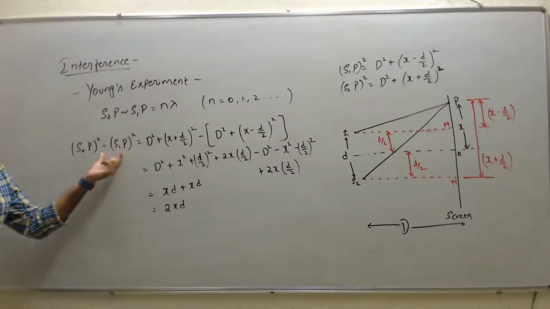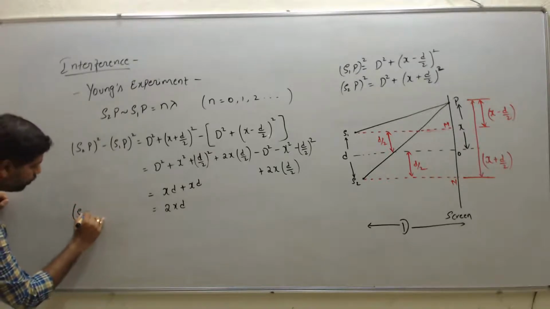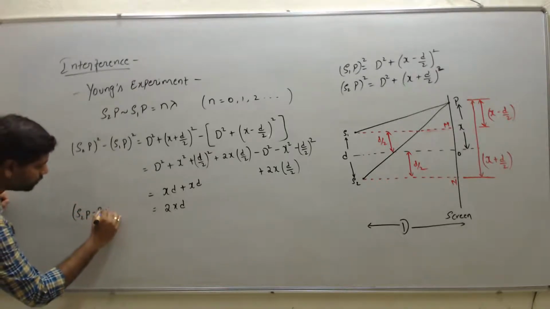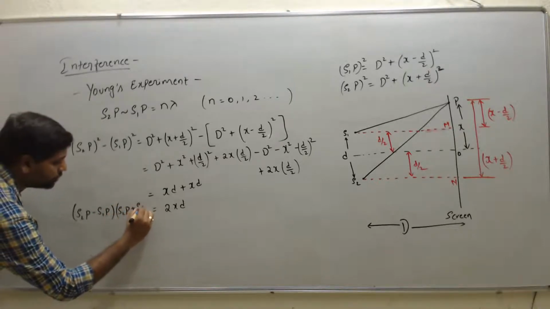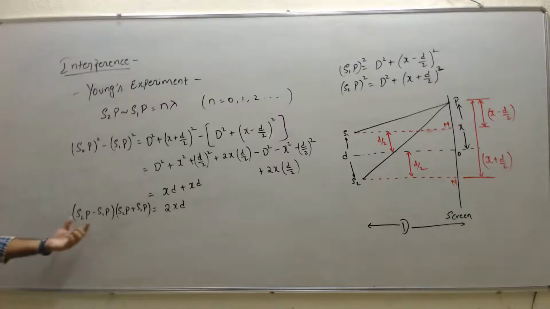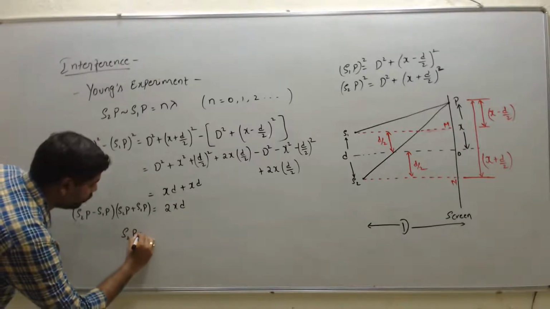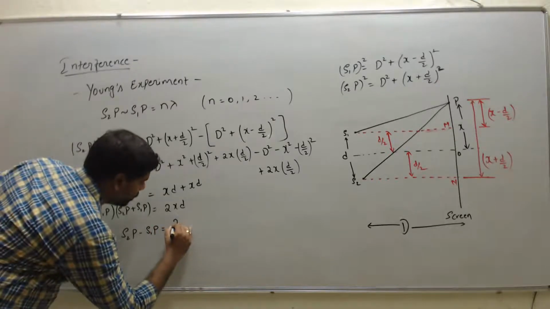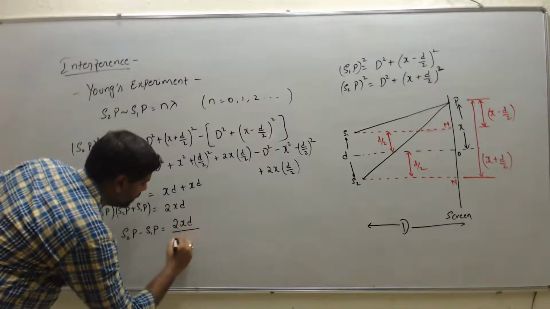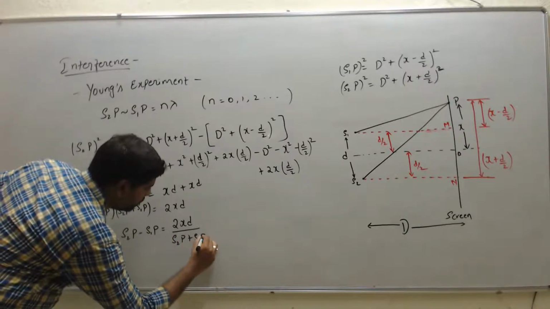So in the LHS, if you observe here, this is in the form of a square minus b square, then we can write it as S2P minus S1P into S2P plus S1P. So we need S2P minus S1P, then we shift this to RHS, then we get S2P minus S1P equals 2xd divided by S2P plus S1P.